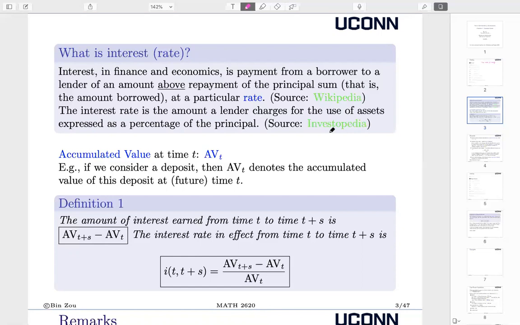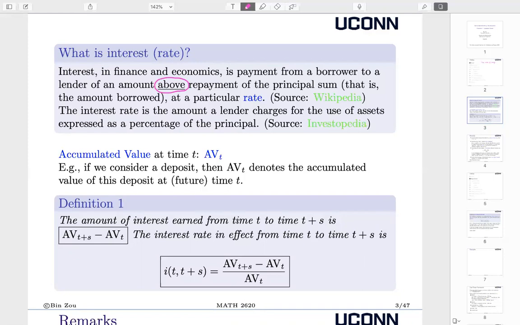Interest in finance and economics is payment from a borrower to a lender of an amount above repayment of the principal sum at a particular rate. So here, I put the keyword underlined. I put above.